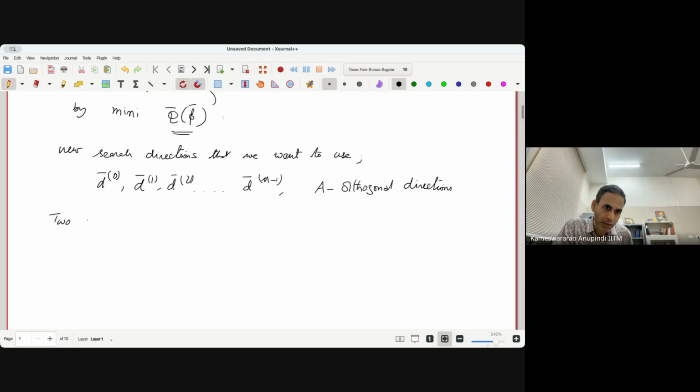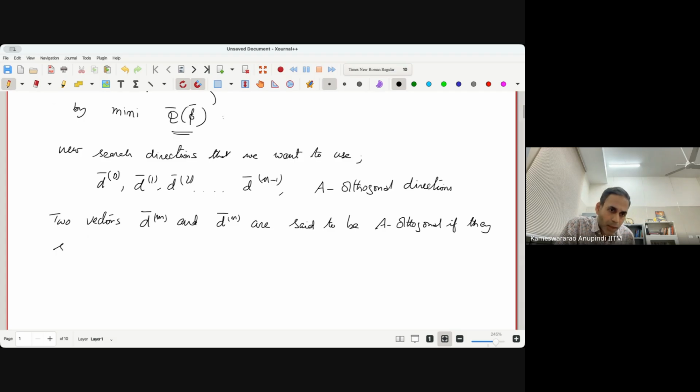Two vectors, let us say dm bar and dn bar, are said to be A orthogonal if they satisfy the following condition.